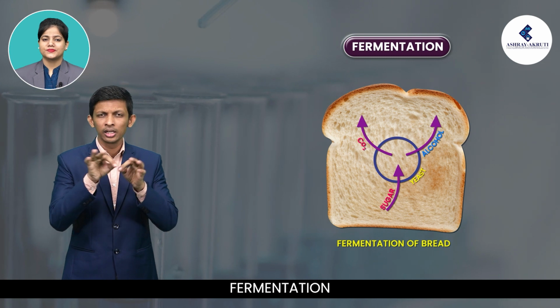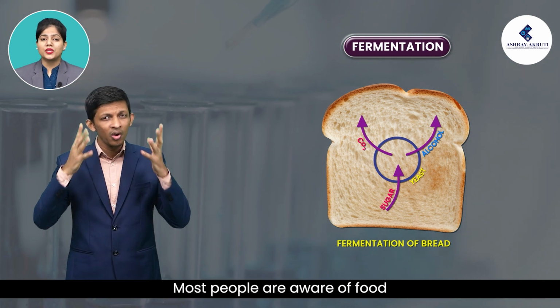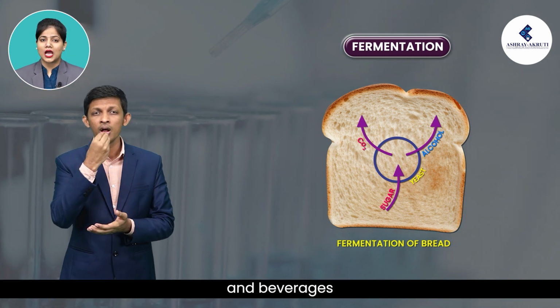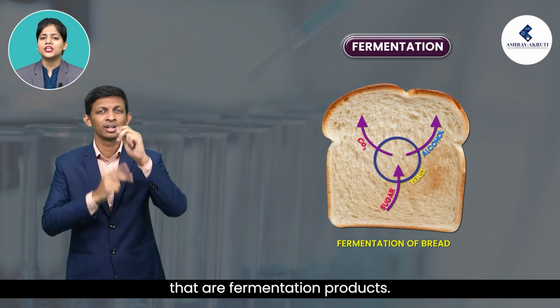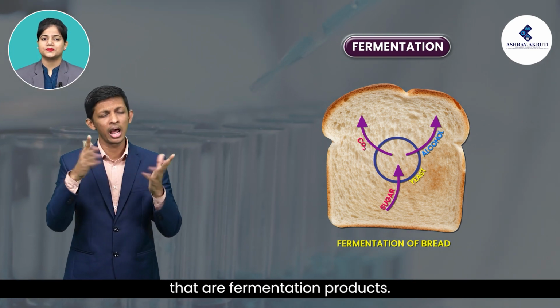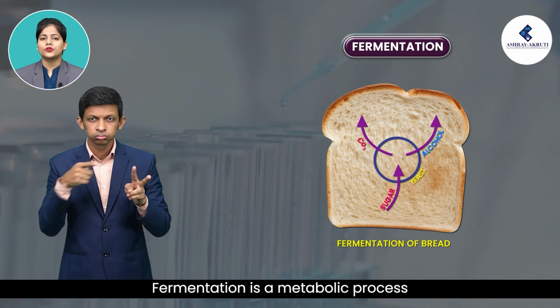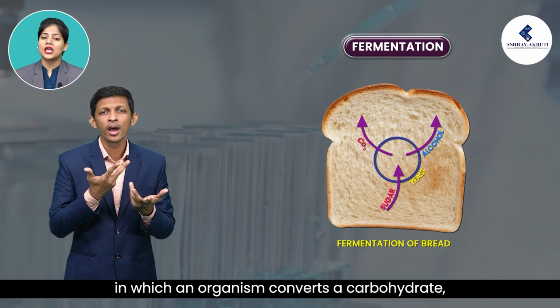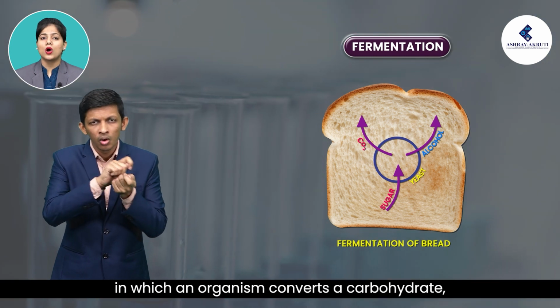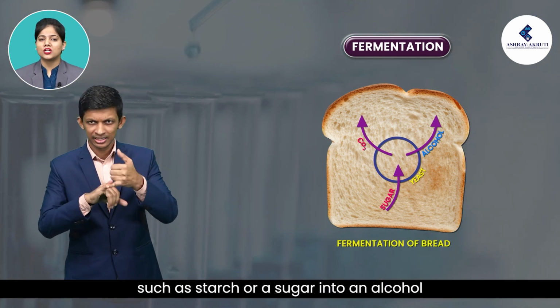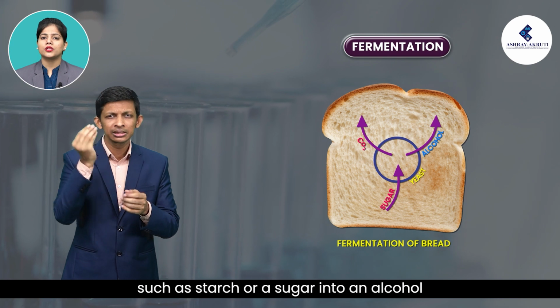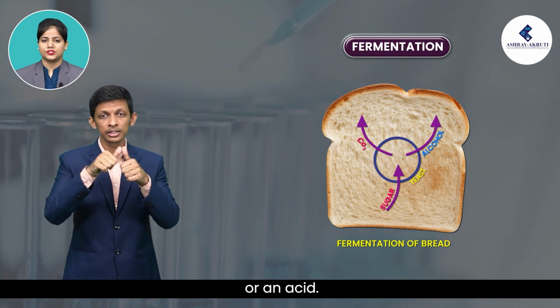Fermentation. Most people are aware of food and beverages that are fermentation products. Fermentation is a metabolic process in which an organism converts a carbohydrate such as starch or a sugar into an alcohol or an acid.